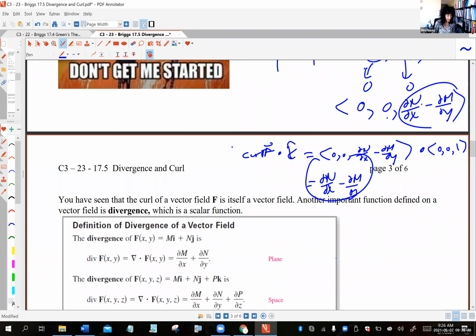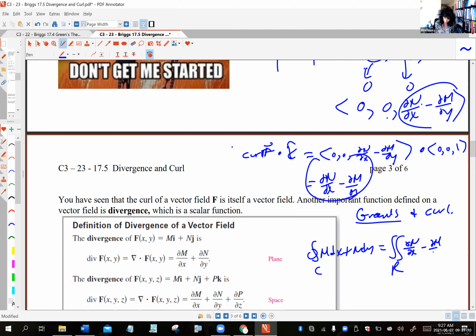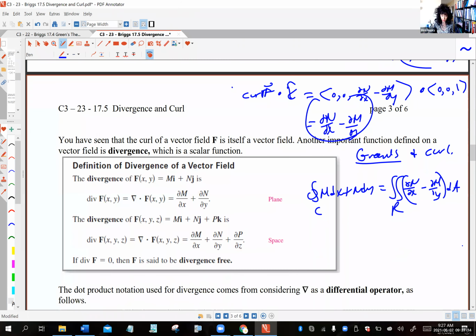But while we're at this point of talking about curl, I want to say something about Green's and curl. You guys remember the circulation form of Green's: the line integral of M dx plus N dy is the same as the double integral of dN/dx minus dM/dy. That's Green's, which we just finished, but you've got to know it.